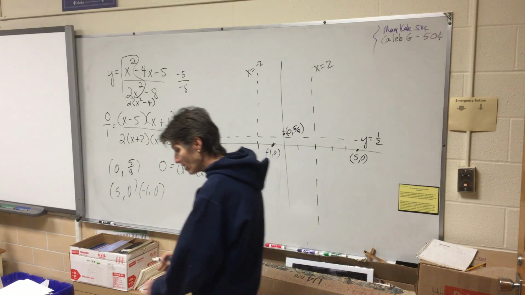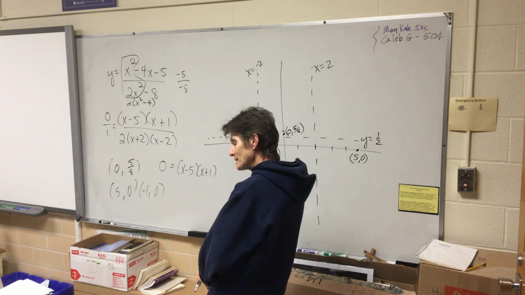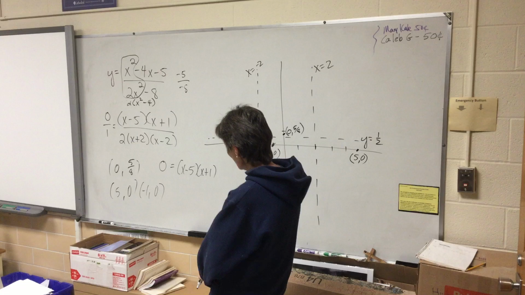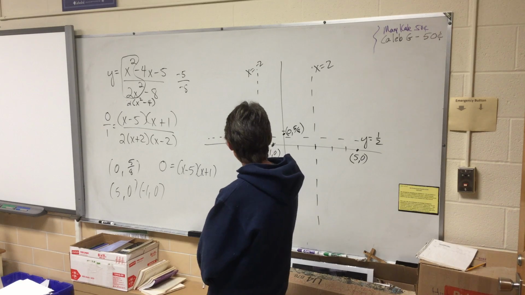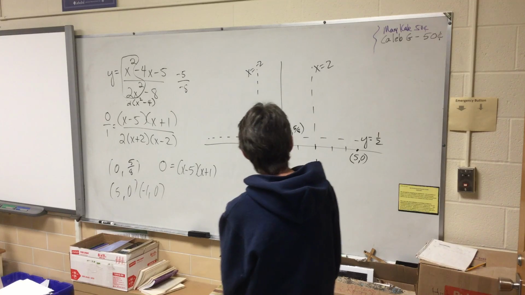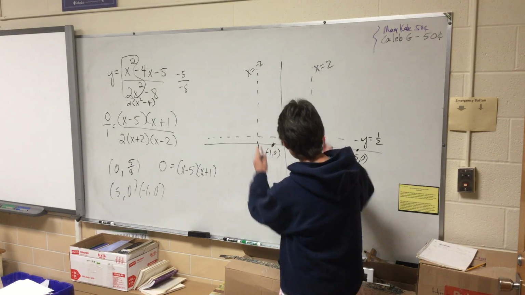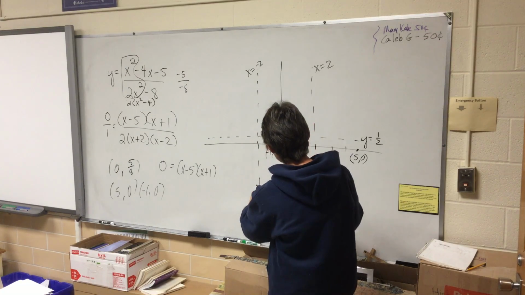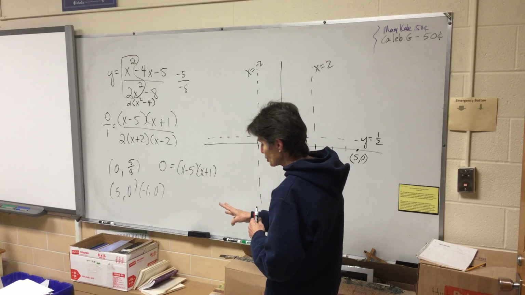Sometimes these problems have holes. This one does not, because nothing cancels, right? So now I need to sketch in my picture. Now remember, we got these 2 vertical asymptotes. They split your paper into 3 sections.